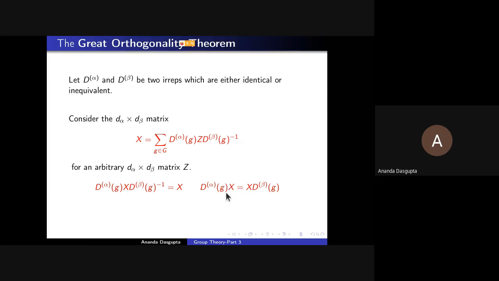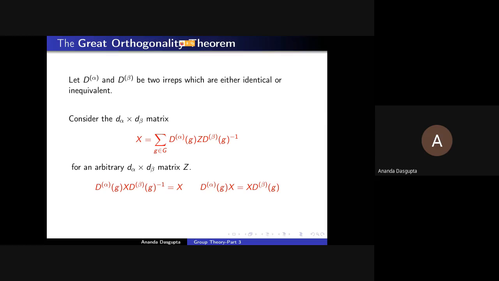So what can you say about this x? What does this say about the x in the language that we had used for Schur's lemmas a while ago? Intertwining.